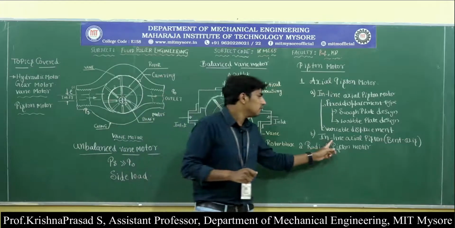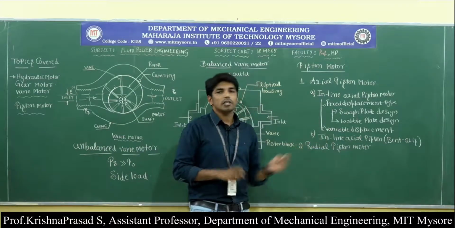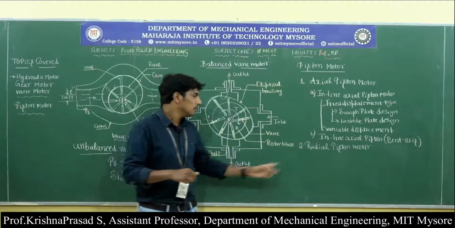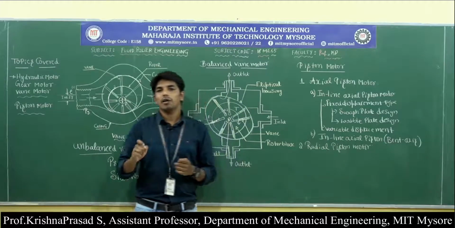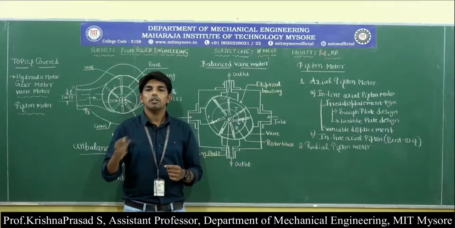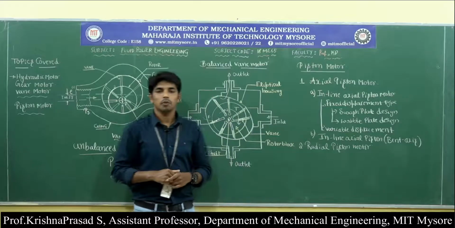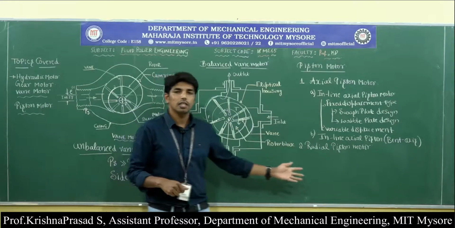But in the case of the bent axis, the cylinder block is located at an angle. In the radial piston motor, the piston is going to reciprocate radially, or perpendicular to the axis of the output shaft. Then it is called the radial piston motor. So construction and working we are going to see further.